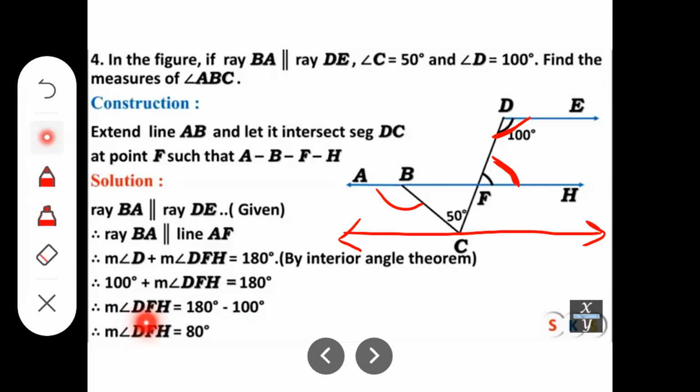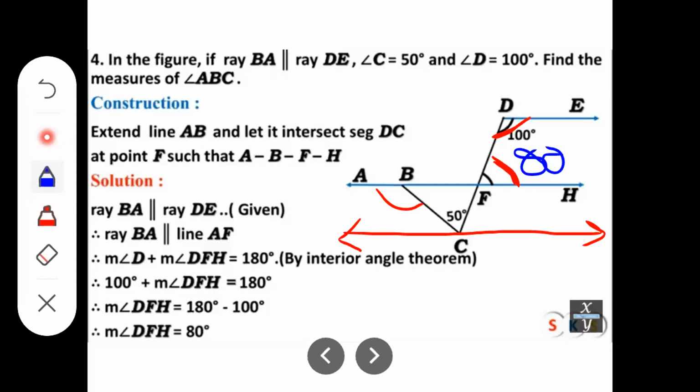To find the value of angle F, we have to subtract that 100 from 180 degrees, and you will get the value of angle F as 80 degrees. So angle F is 80 degrees here.